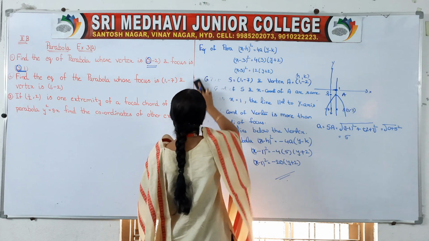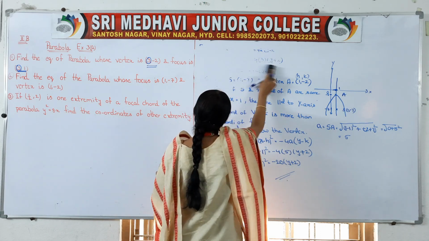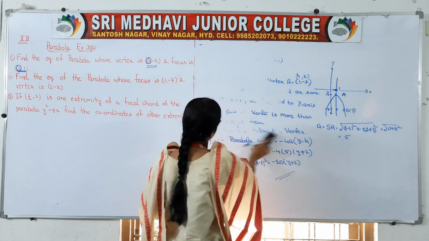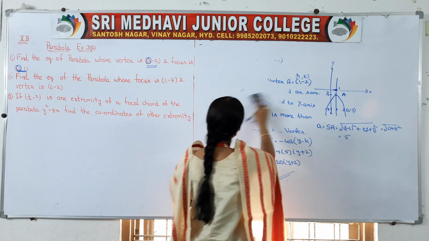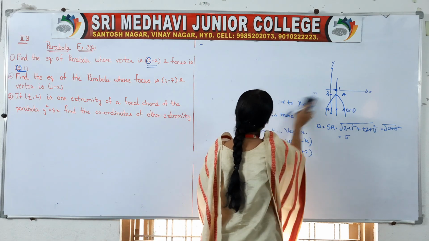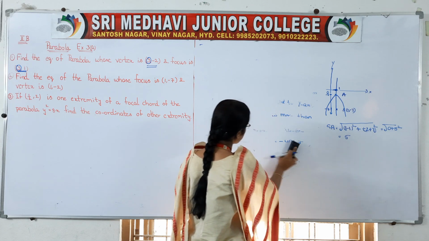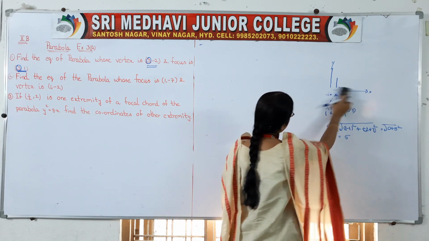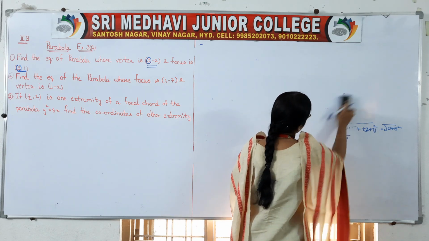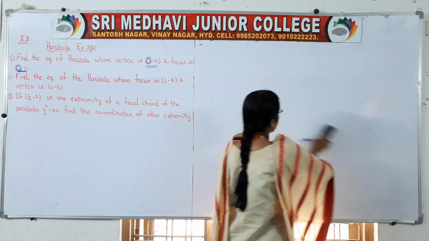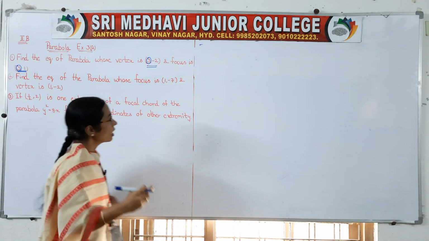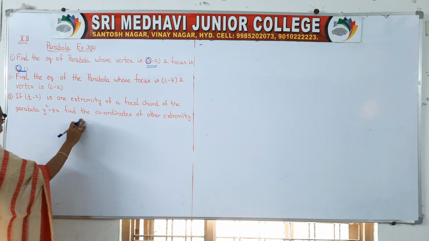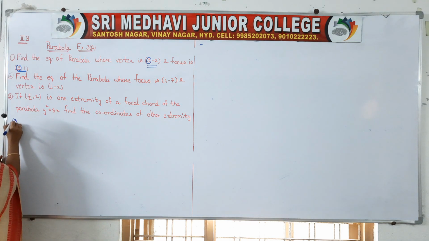Extremity means end points. So for the focal chord, one end point is given to you. You have to find the other end point of the focal chord of the parabola.